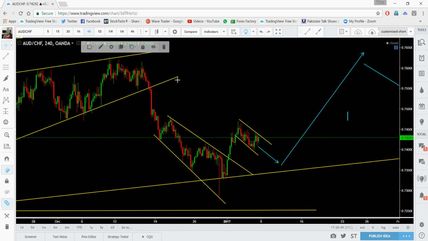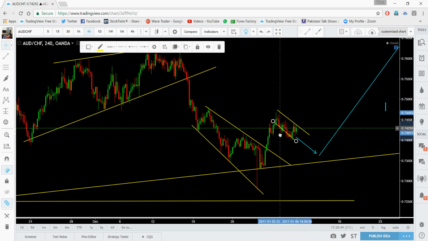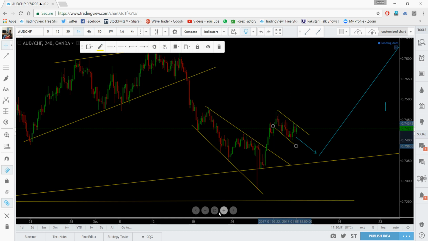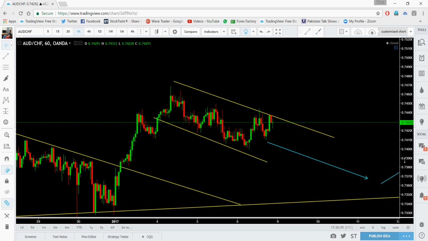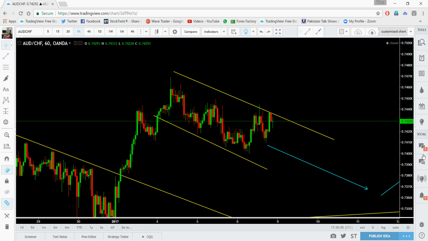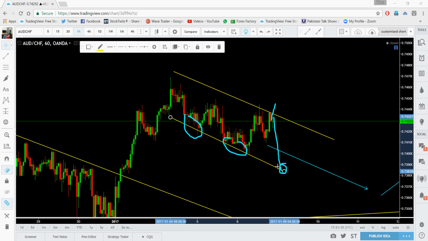These trend lines are going to help you. You can see price respecting this trend line, and if price does not continue, then the next stop is this.